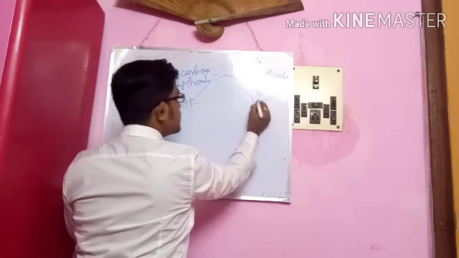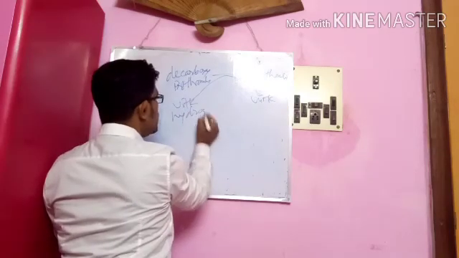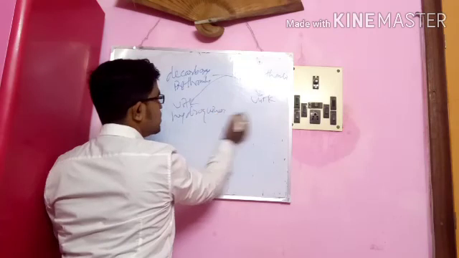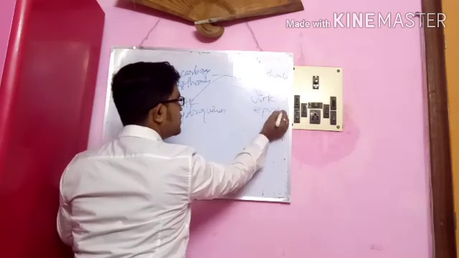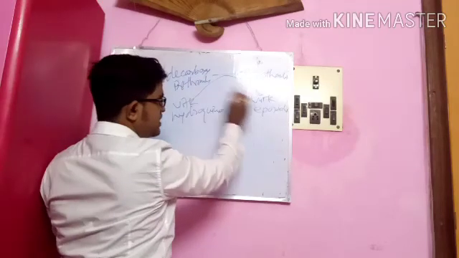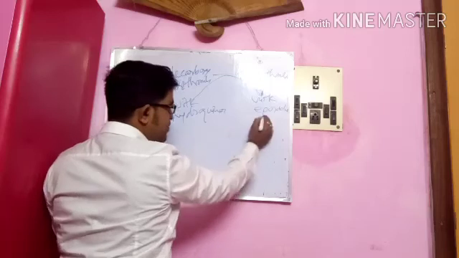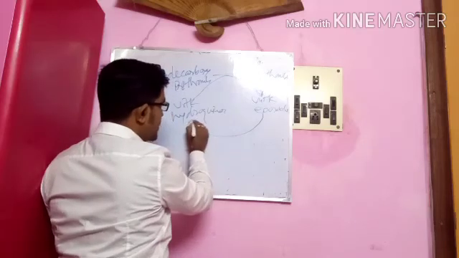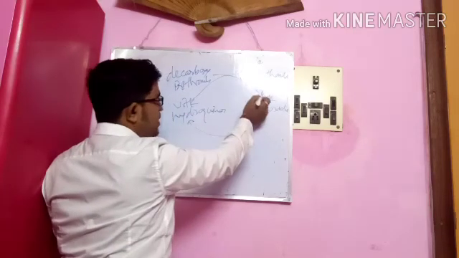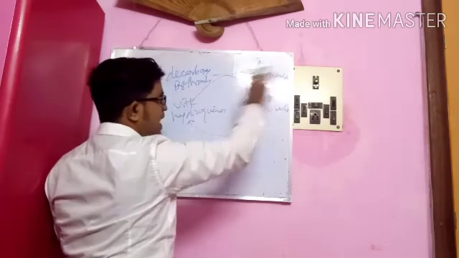vitamin K hydroquinone to epoxide. At the same time vitamin K gets converted, but it is an auto-regenerative process, meaning it comes back again and the cycle repeats. In the presence of that, decarboxy prothrombin produces the active prothrombin.